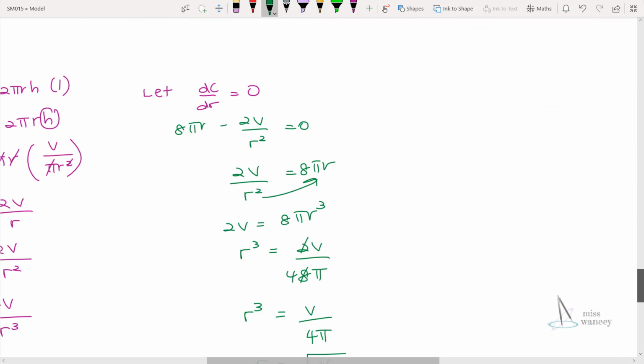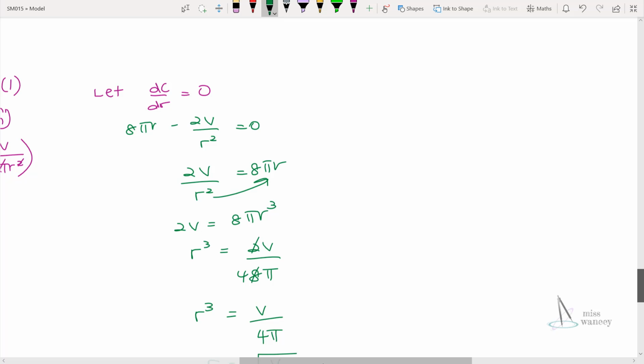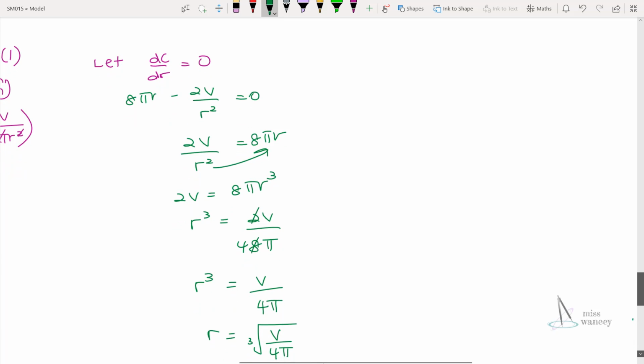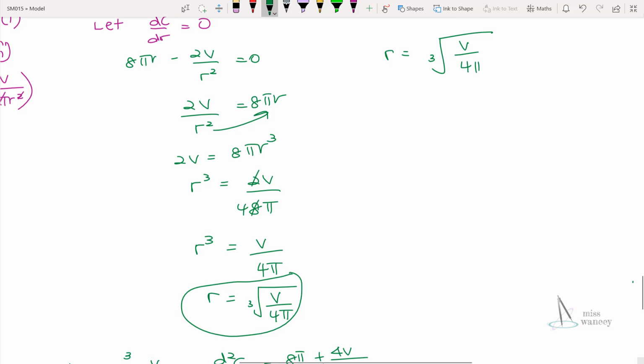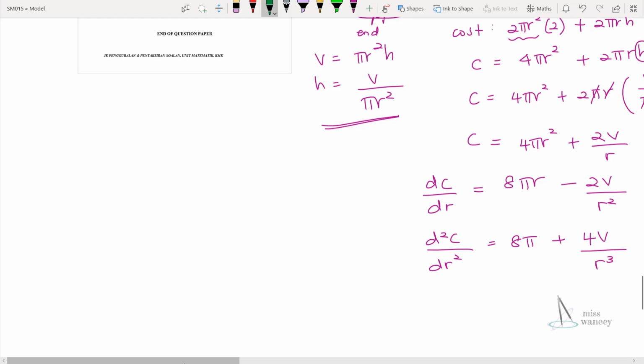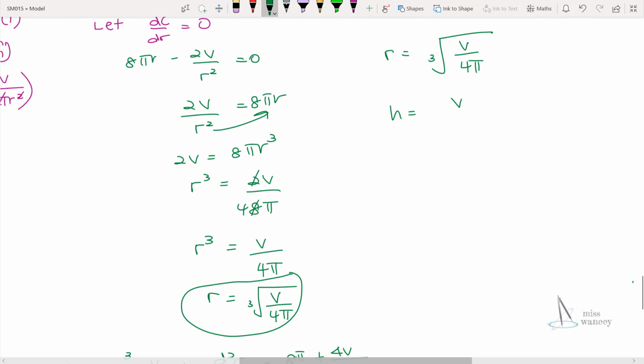Okay, so just now I do have the value of r. r is simply equal to the cube root of V over 4π, and h is actually equal to V over πr².